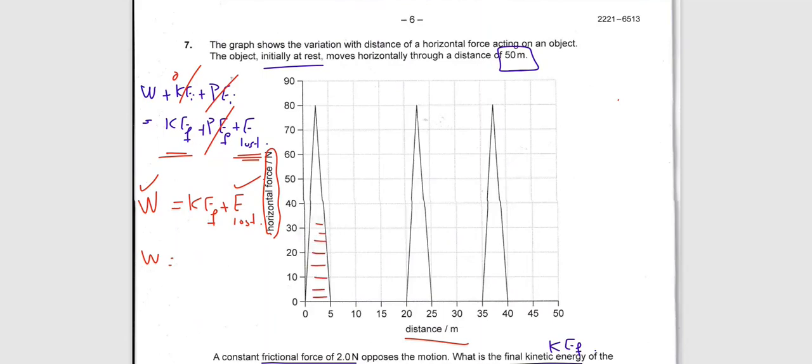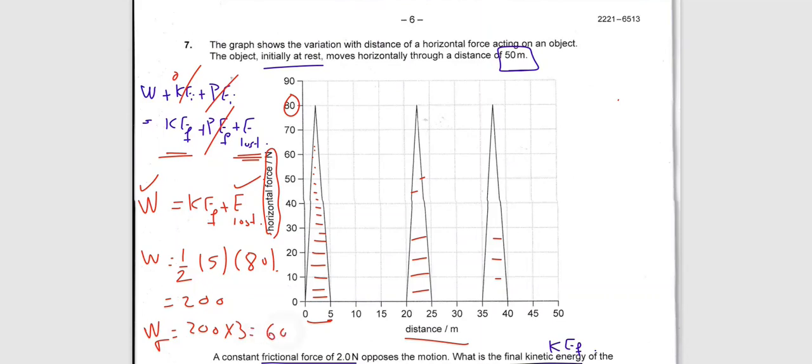The area of this piece, from here till here, 5, times height 18, will give us 200. And since I have 3 shapes, 200 times 3 will equal 600 joules total work.